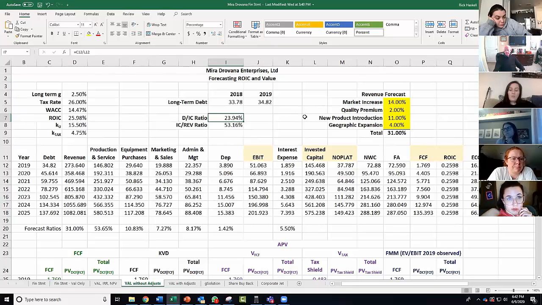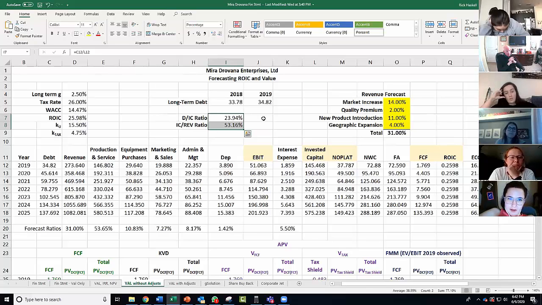Michael Allen, what is the purpose for having introduced these two ratios, debt to invested capital and invested capital revenue? Anybody can step in here and help.